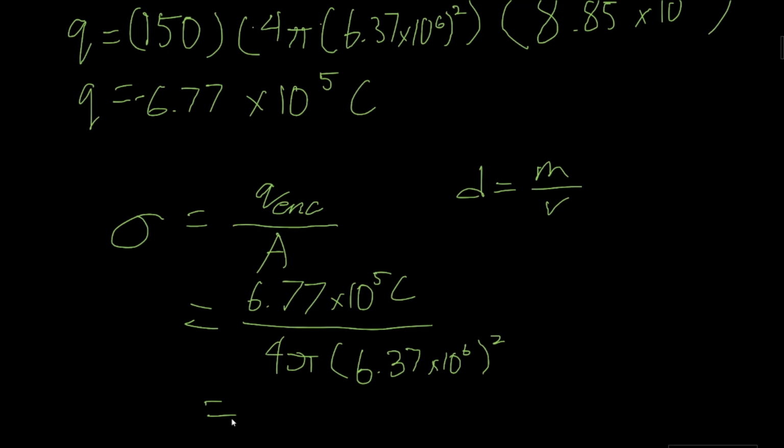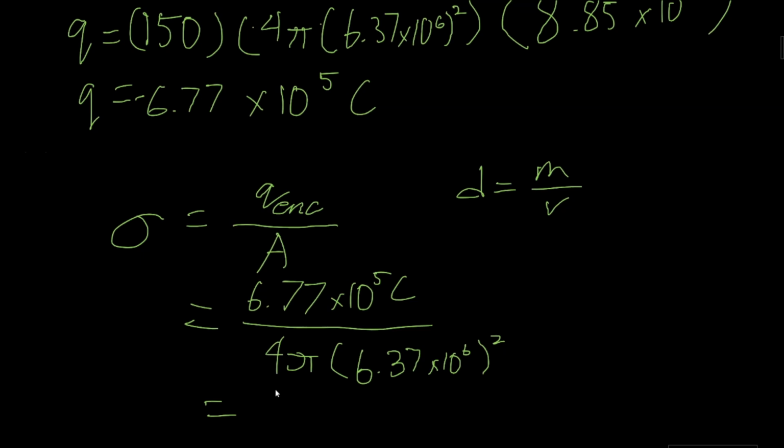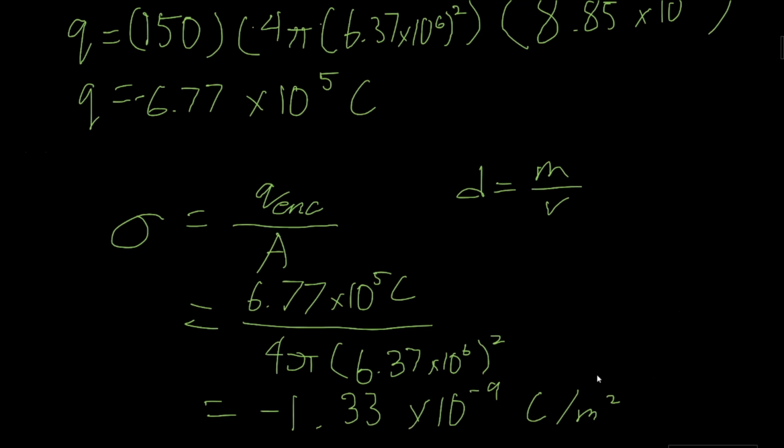And that should get us another really small number. I can't get it to appear on my calculator, but it's supposed to be negative 1.33 times 10 to the power of negative 9 coulombs per meter squared. And that is our surface charge density.